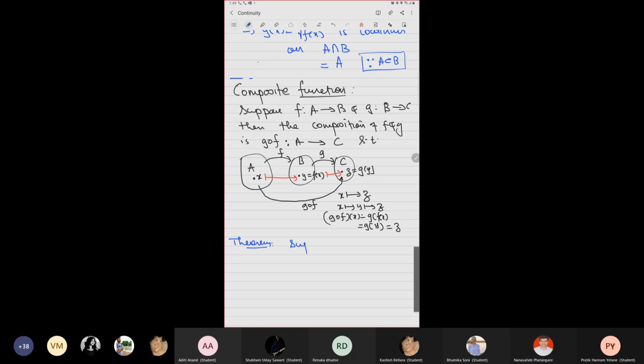Suppose f from A to R. Okay, so let me make it simple. f from A to B and g from B to C are functions.